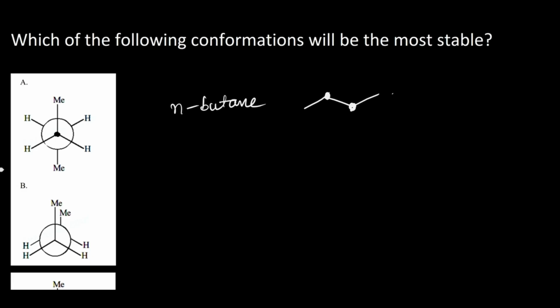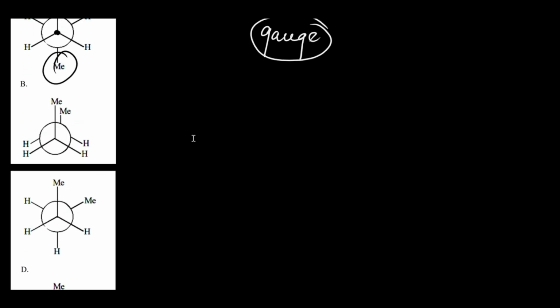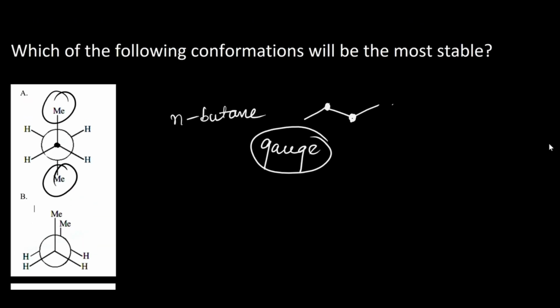For this conformation, I have already given you the gang, that is the more stable one where I have methyl on the opposite side. Let's see other options as well and then decide. As you can see, option A is more stable compared to others because of strain, and the dihedral angle should be far away.